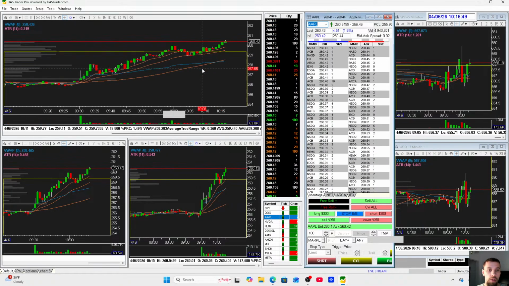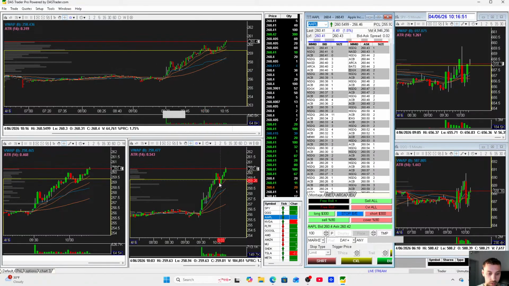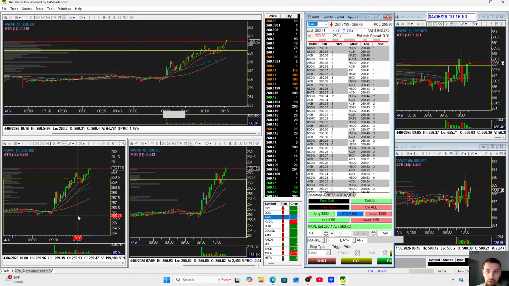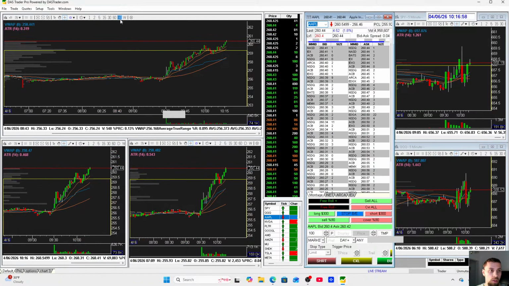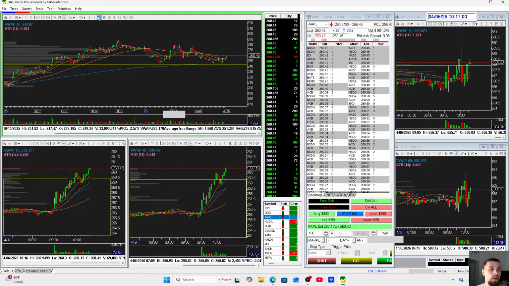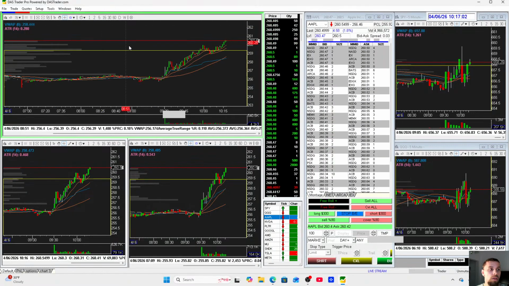Apple getting parabolic here, it seems like. It's just moving up really strong. Say ATR 530, 540.